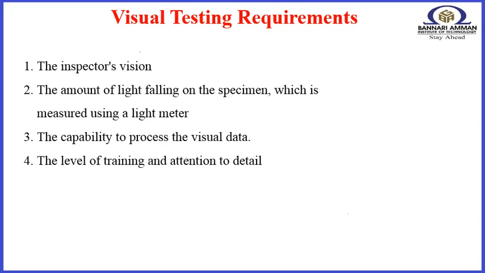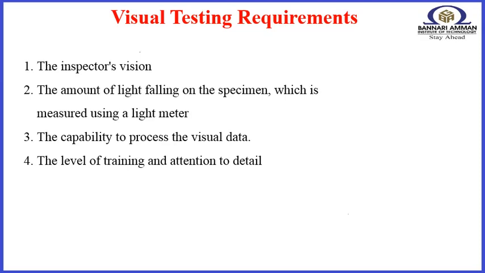It has the ability to differentiate and distinguish between colors and hues as well. The human eye is capable of assessing many visual characteristics and identifying various types of discontinuities.